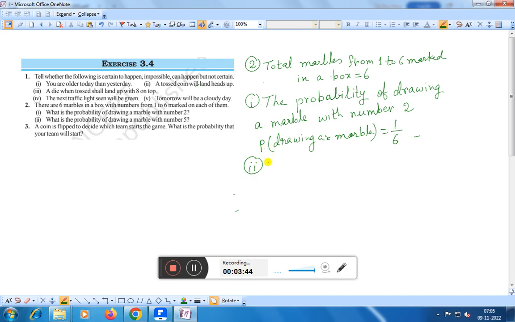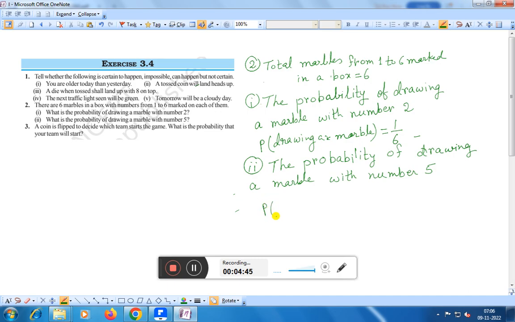That is the probability of drawing a marble with number 5.